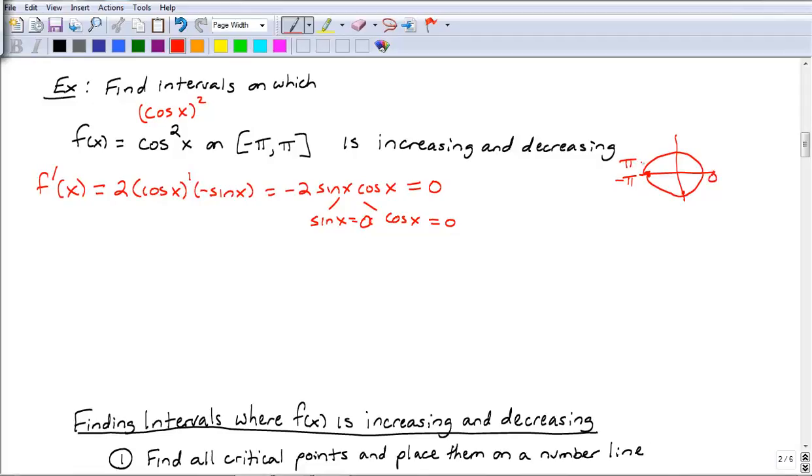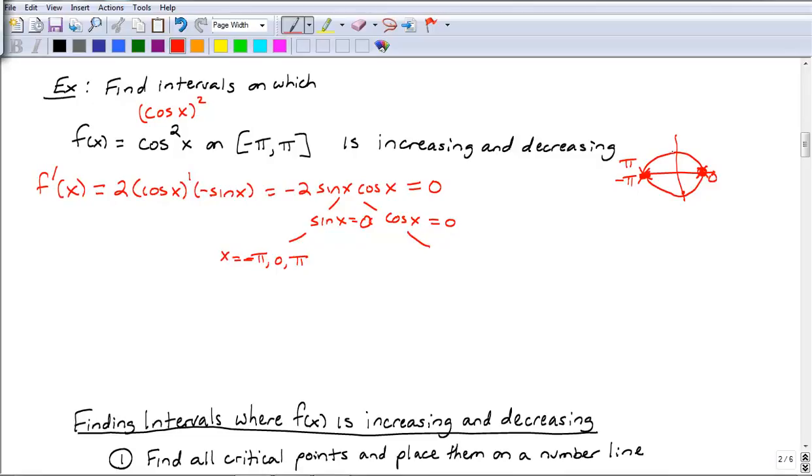So where's the sine of x 0? The sine of x is like the y, so the sine of x is 0 here and here. And so those points are negative pi and 0 and pi. So this happens at negative pi and 0 and pi.